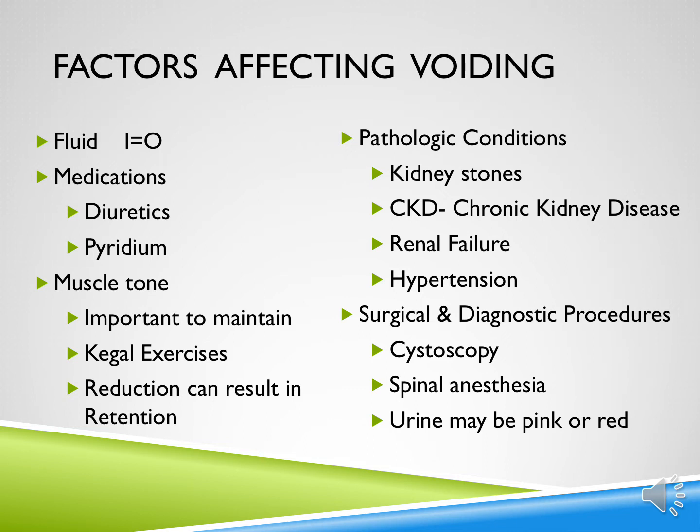Generally speaking, in most places, the doctors will say that they like to see no more than 100 milliliters in the bladder, so they often will give you an order to do a straight cath to get the urine out of the bladder, especially if it's a large amount, because it does cause pressure and stretching of the bladder.